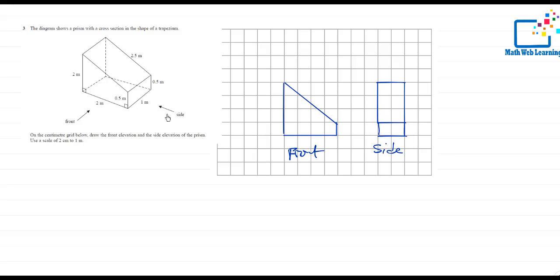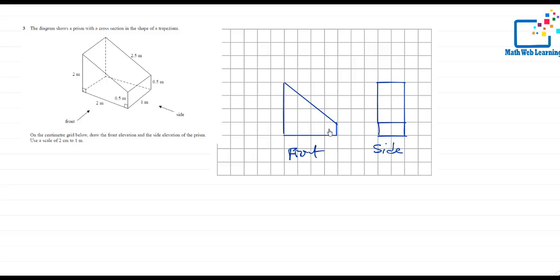Okay, now when you look from this angle here, you'll be seeing another rectangle like this one here, but that rectangle will not be 2.5 meters high, it will be as high as this one here, 2 meters high, because you're going to stop there at the top of the prism. So it is very important that the 2 drawings have the same height.